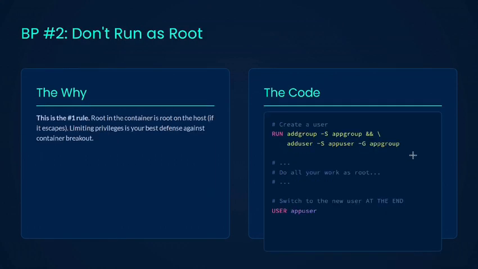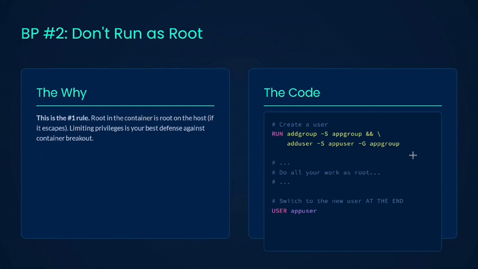Don't run as root. This is the most important rule. By default, containers run as the root user. So if an attacker finds an exploit in your application, they can escape the container and potentially gain root access on your host machine. This is critical. So the fix is simple and mandatory.